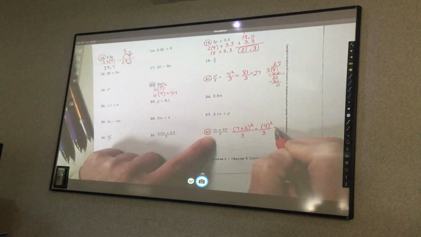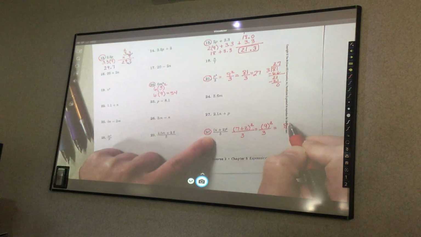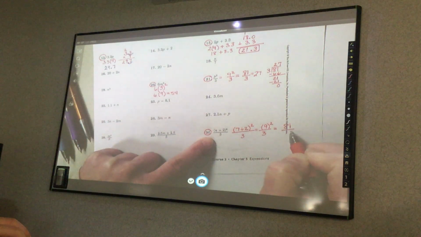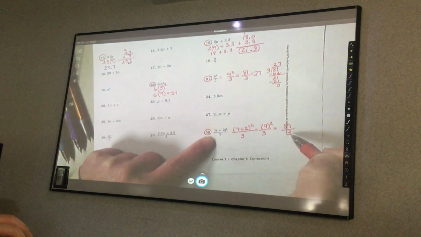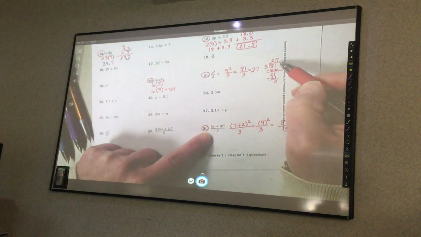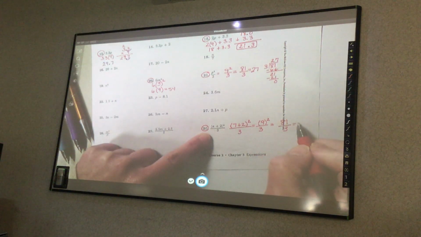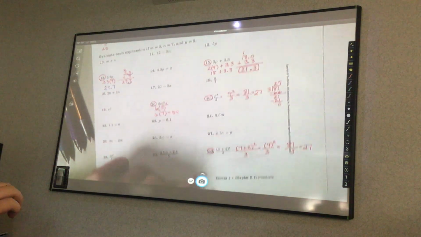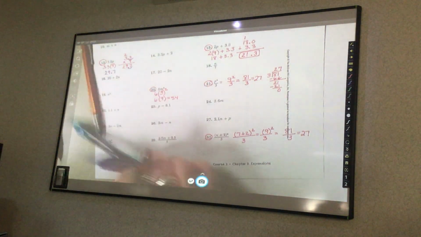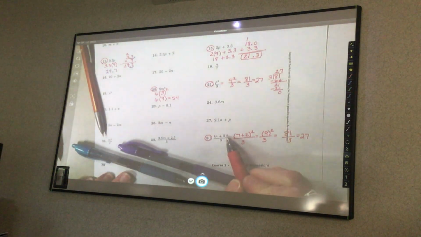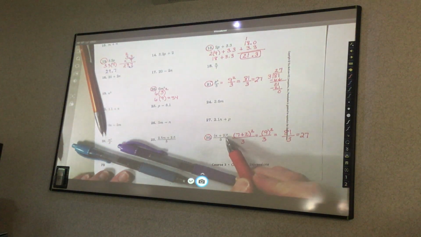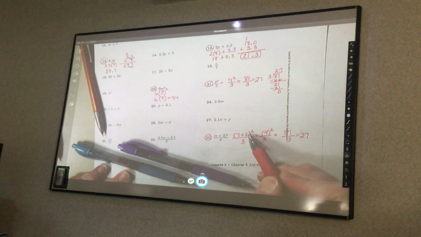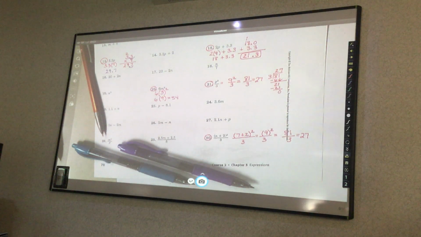What is 9 squared? So then I have 81 divided by 3. Do I actually have to do that again? No, I already did it up there. 27. So my answer is 27. You have to show every single step. And notice when the square is outside the parentheses, you add first, then you square it.